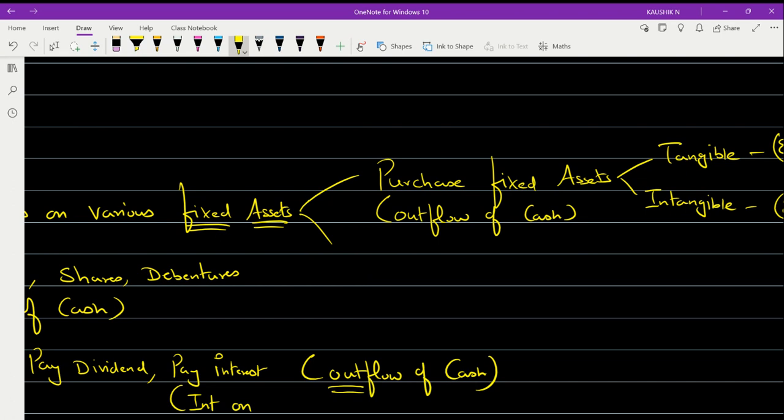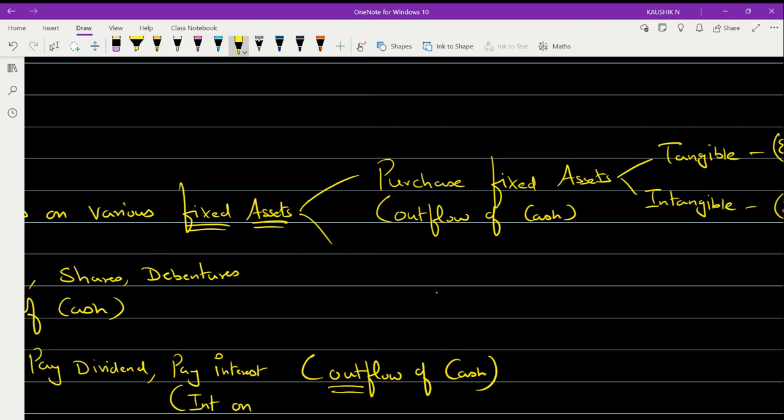So when you sell a fixed asset, you get revenue out of it. No matter whether it leads to profit or loss, here we are not going to see that. Here we are just looking into the concept of inflow of cash. I had one fixed asset, I sold it, and I got some money out of the sale. So that will give you an inflow of cash.